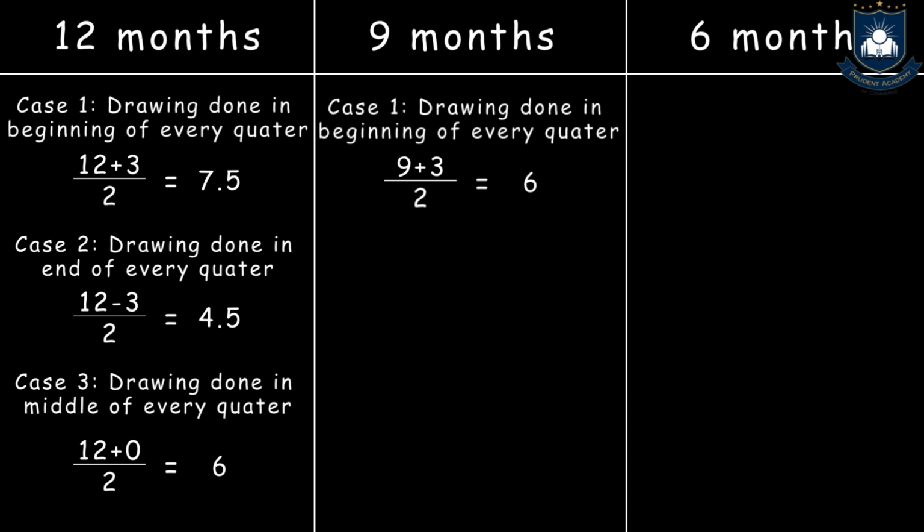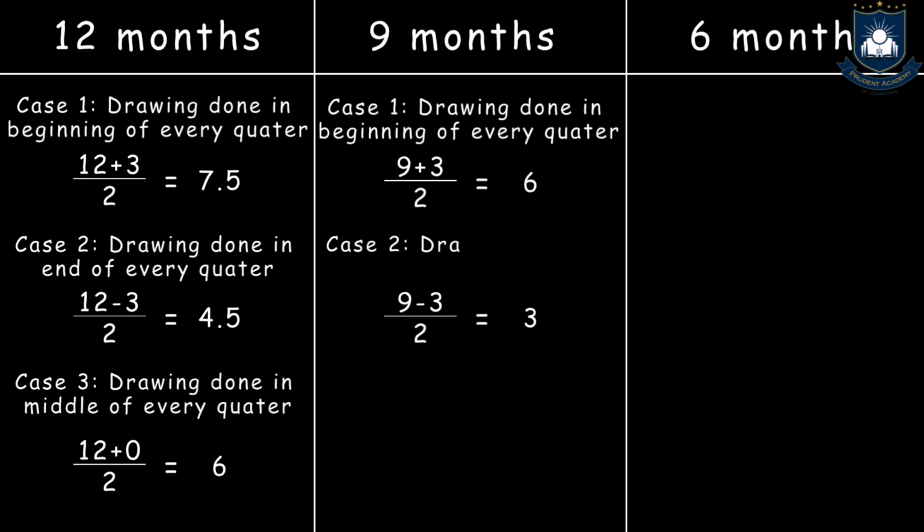Now, since the accounting period is 9 months, the first situation is if the drawing is made at the beginning of every quarter, then 9 plus 3, because 3 months is every quarter, divided by 2, which is 12 by 2, equal to 6 months.